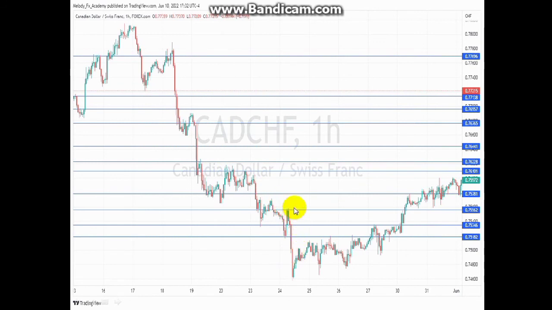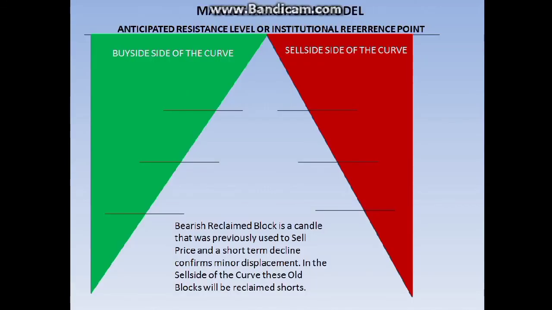That is just what a reclaim block is. A reclaim block is simply the use of a candle that was previously used to sell or buy price up. When we are talking about the sell model, it is the bearish order block that was used to sell price in an uptrend.